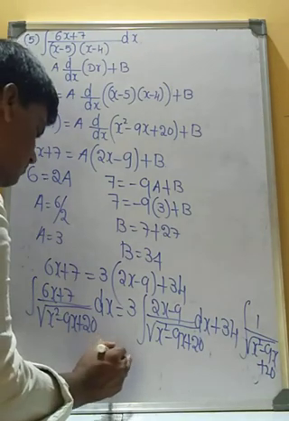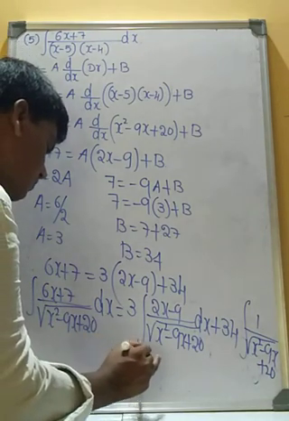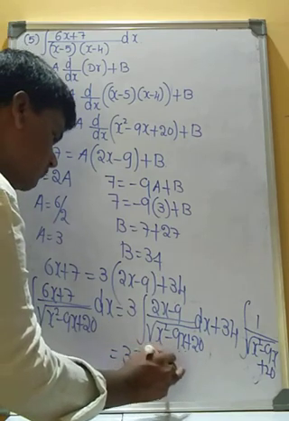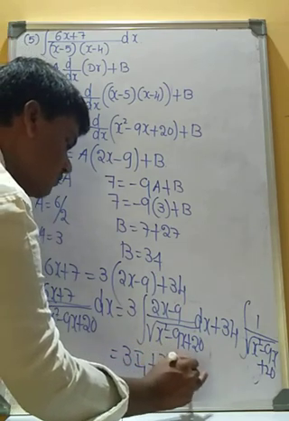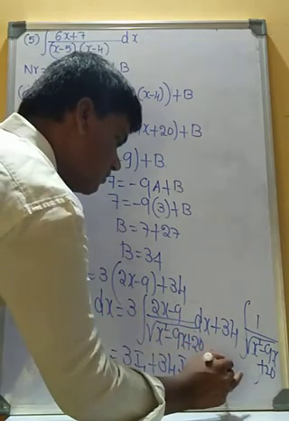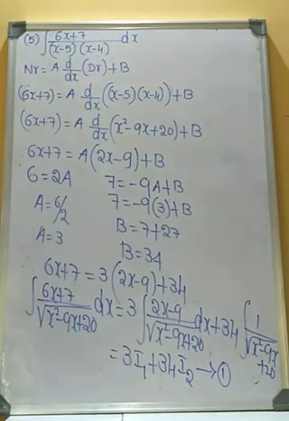That is equal to 3 into I1, the first integral term, plus 34 into I2. Call this equation number 1.